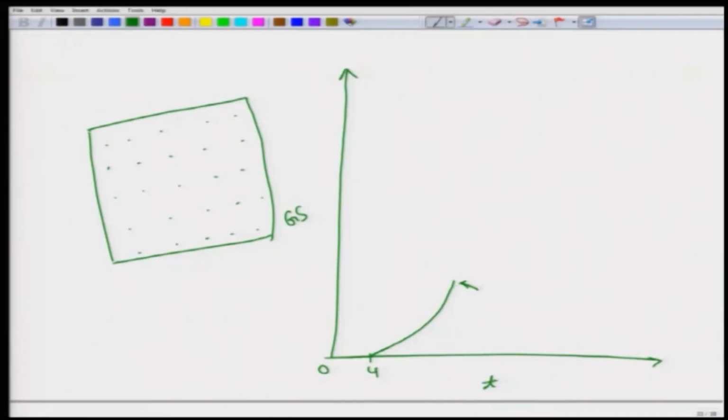Once this canopy closure has happened, the growth rate will start to reduce, because now the plants, even though they are growing, are suffering a dearth of nutrients and a dearth of sunlight, and they are probably also competing against each other, because of which not every plant will be able to get the maximum quantity of water or nutrients from the soil.